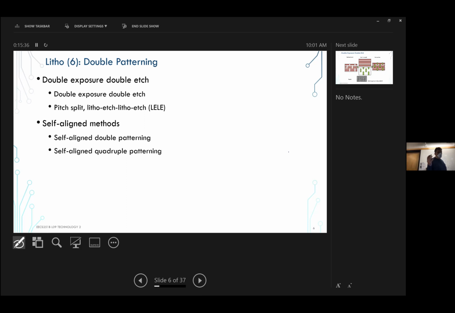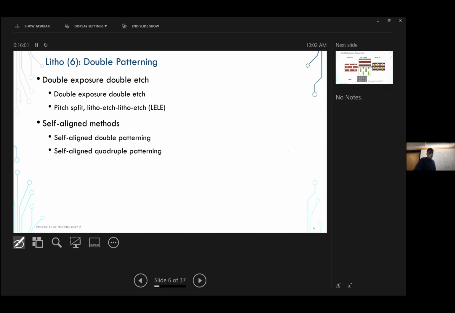One way of doing that is so-called double exposure, double etch. And we're going to take a look at some of those. There is double exposure, double etch, and pitch split, litho etch, litho etch. Those are two different things, and they're implemented very differently and mean different things. Some of them are completely transparent to the designer, and the designer doesn't have to worry about them.